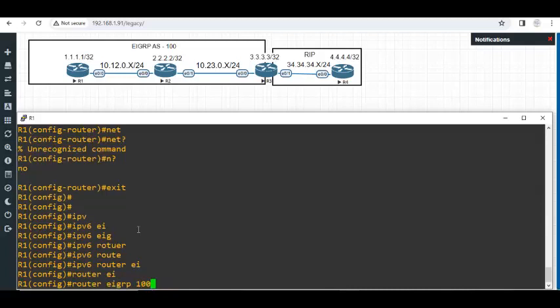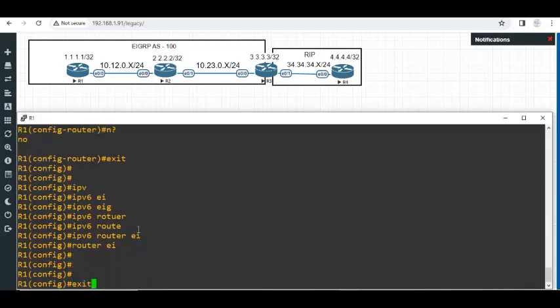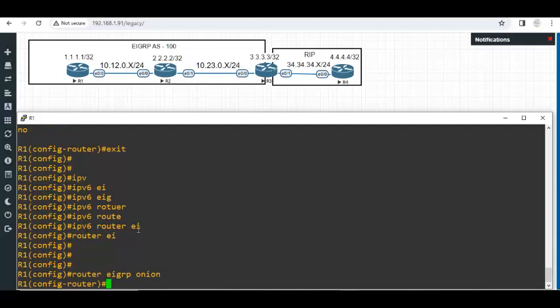So EIGRP knows what you are trying to configure. But if you simply say a name, onion, eggplant, then it does not have clear info on what you are trying to do. The router does not have a clear picture whether you are trying to configure EIGRP for IPv6 or EIGRP for IPv4.